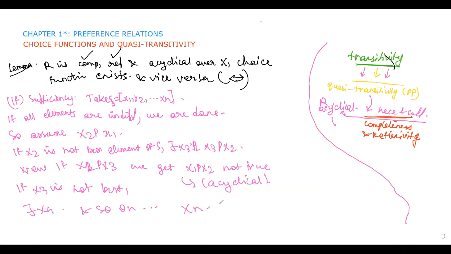And otherwise we may get xn. Now, of course, all of this is without loss of generality because we can simply relabel the elements if these assumptions are true. So finally, we get xn, which is P xn minus 1, but x1 P xn cannot be true.